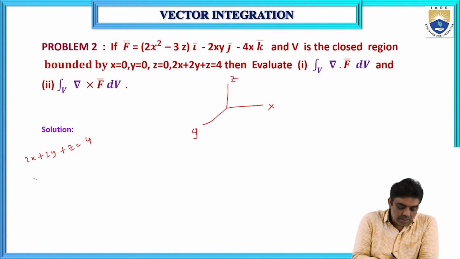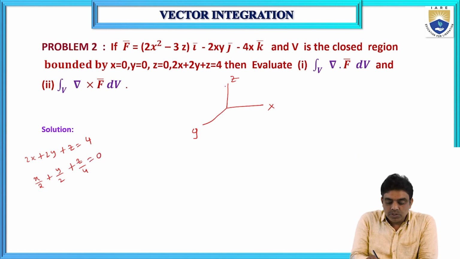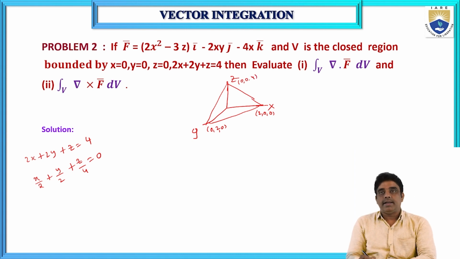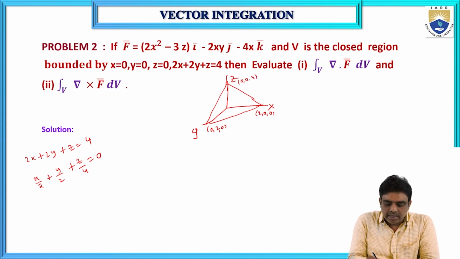That means x by 2 plus y by 2 plus z by 4 is equal to 1. So the plane cuts at x-axis 2, 0, 0, and on y-axis this is 0, 2, 0, but on z-axis it is 0, 0, 4. The region is the tetrahedron.